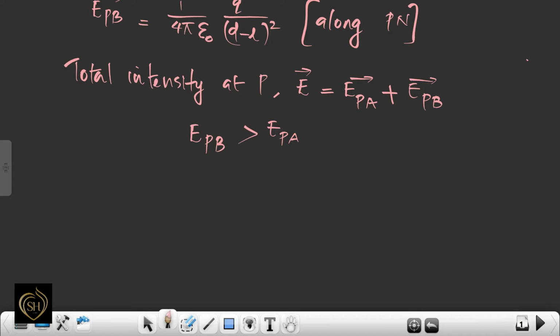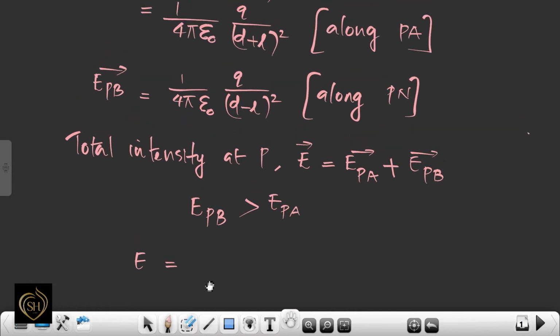Next, let us find out the magnitude of E. E is equal to EPA plus EPB. Let us give the values. E is equal to, what is EPA?